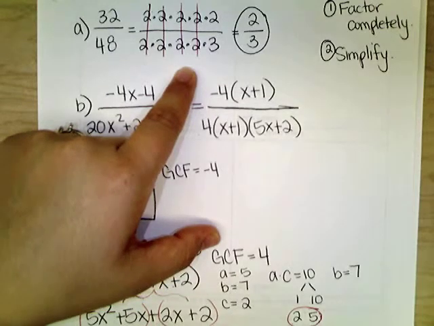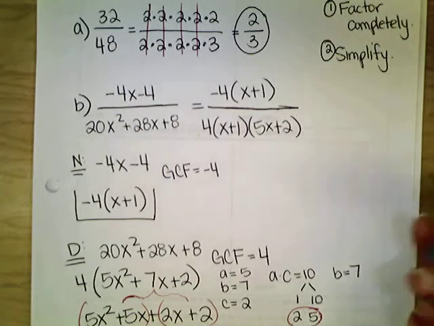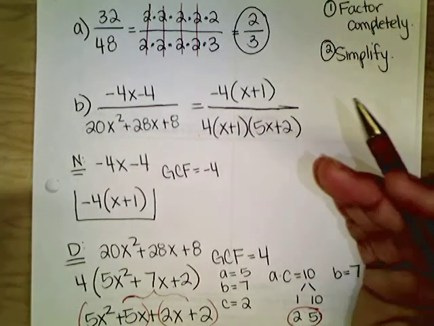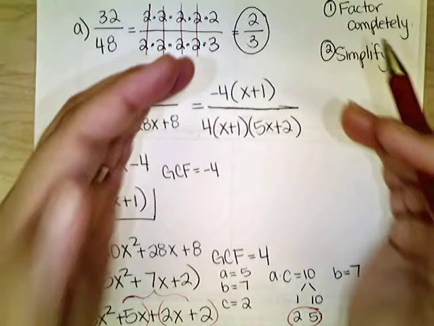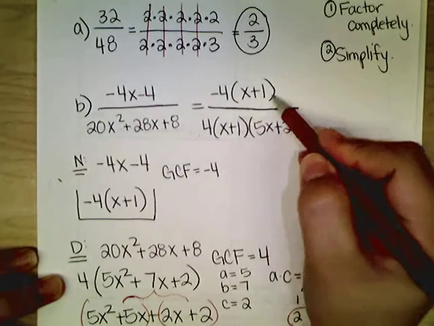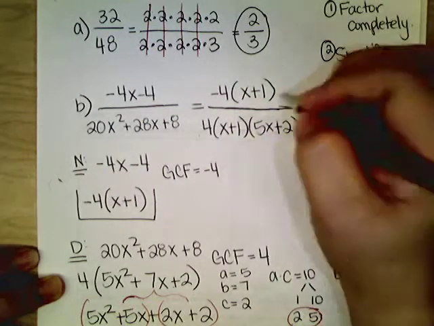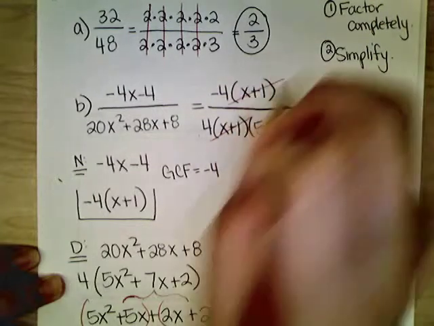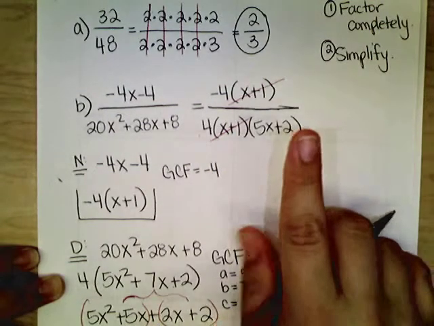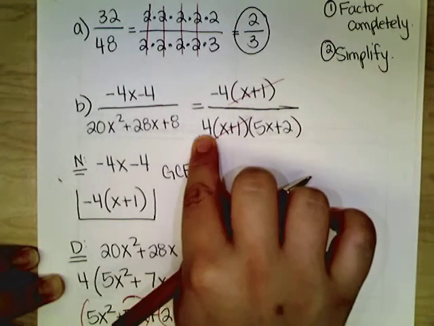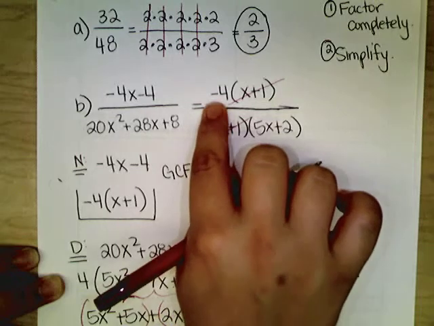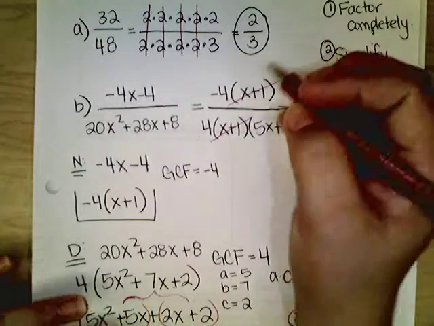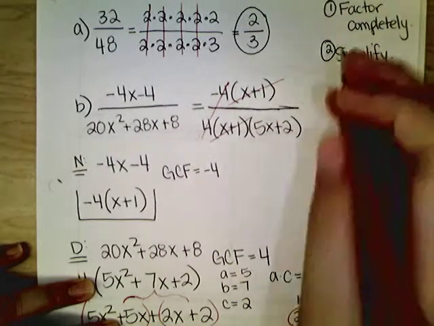Now we can cancel. So what factors, meaning entire parentheses, do we have that are the same? Well, I have an x plus 1 in the numerator and x plus 1 in the denominator, so that cancels out. I also have a 4 and a 4. The numerator has a negative 4, but we'll cancel the 4.